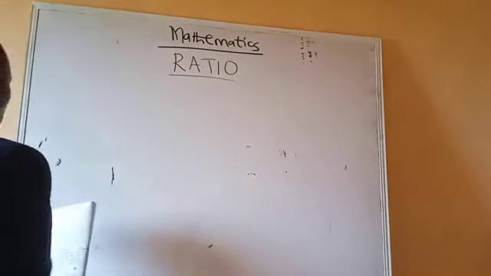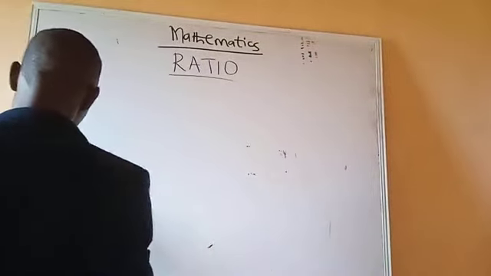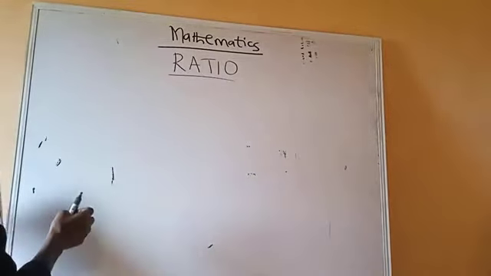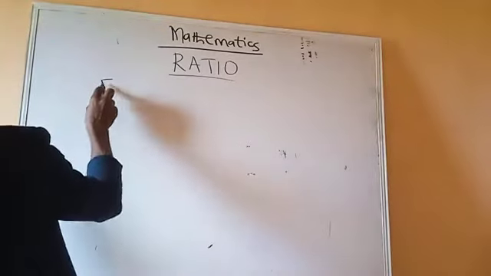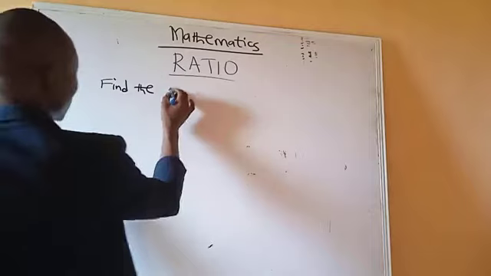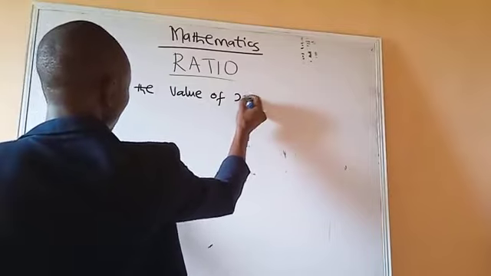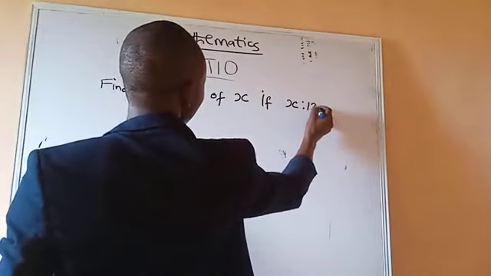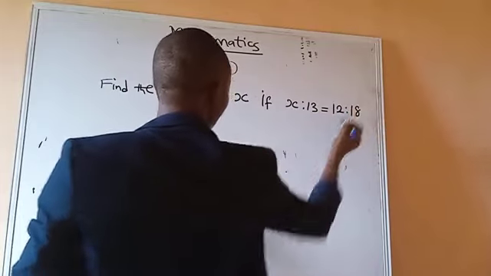Find the value of x if x is to 13 equal to 12 is to 18. Okay, let's do this. Find the value of x if x is to 13 is equal to 12 is to 18.